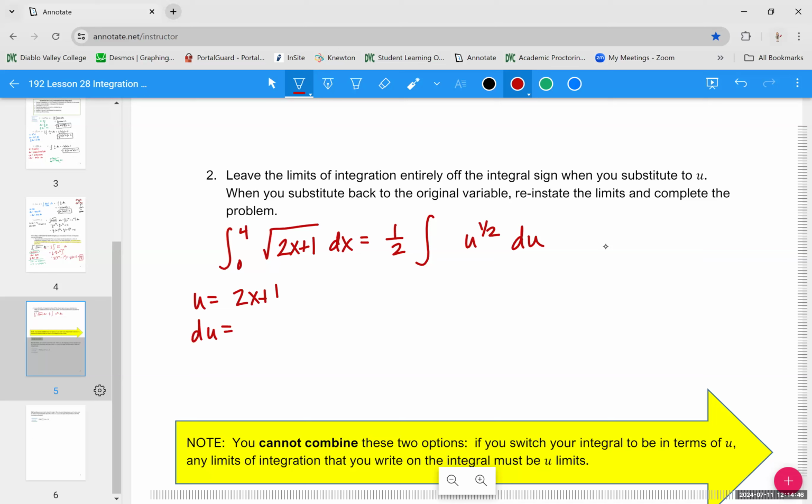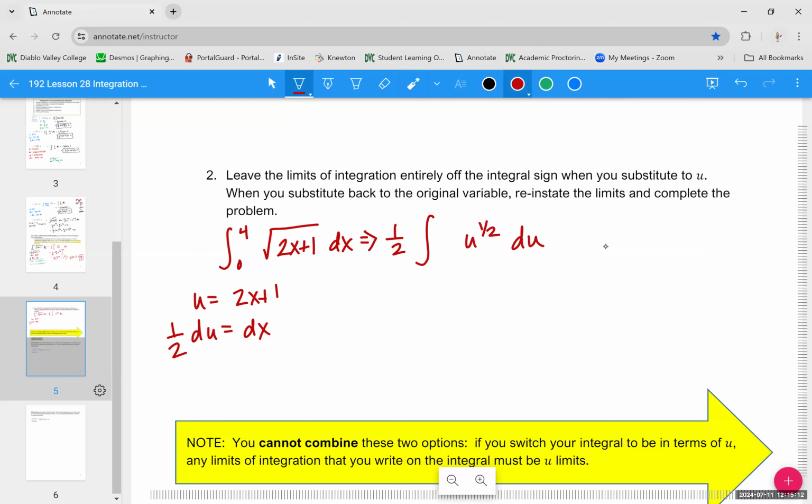We did the du, basically we got 1/2, right? So if you, for some reason, don't want to plug in the 0 and 4 and just make your life easy, and you want to convert everything back to x, you cannot put 0 and 4 here. Those are x's, not u's. So you have to leave this blank.